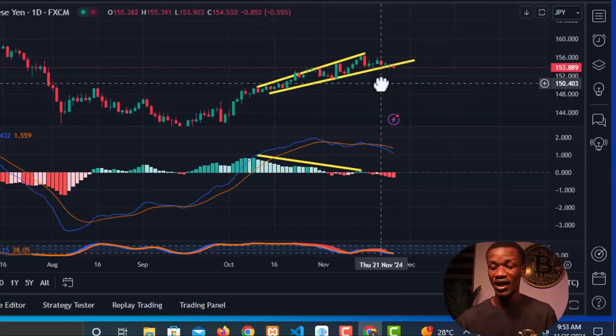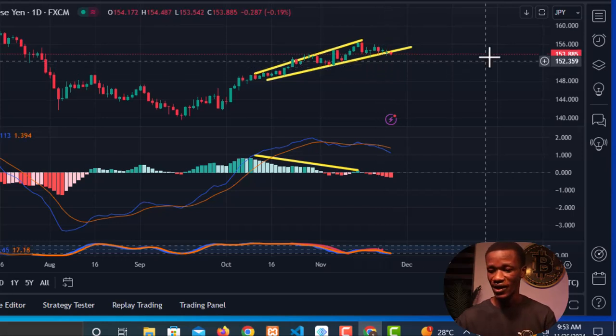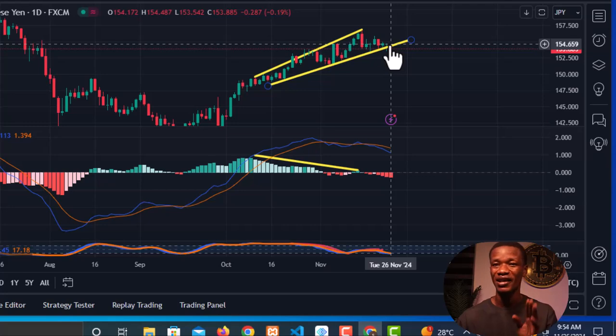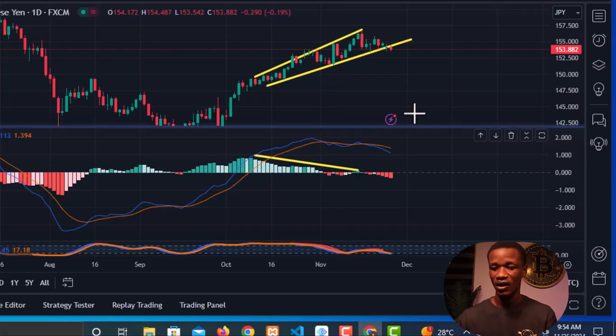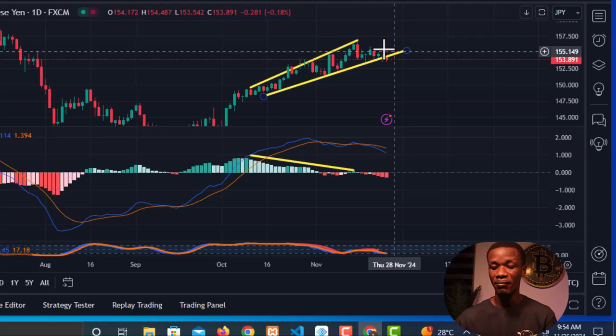So you must check your divergence confirmation, which is very important. Right at this point, divergence confirmation is already in play on the USDJPY chart. And remember, I am using the MACD for this divergence trading. So what I have to wait for right now is for the market to break out significantly.